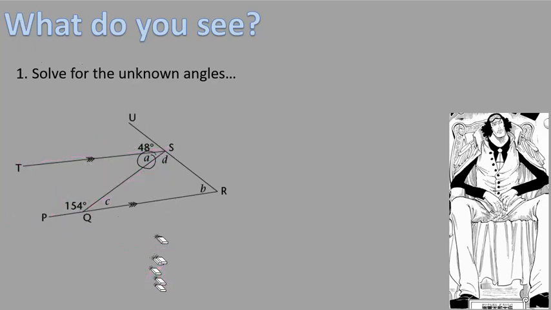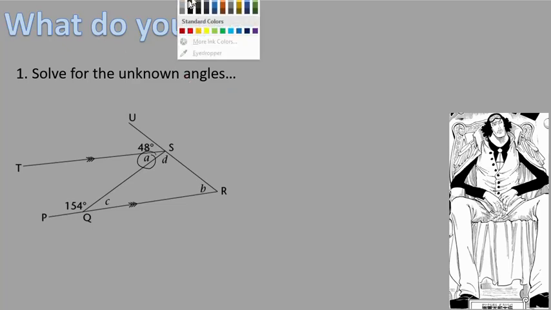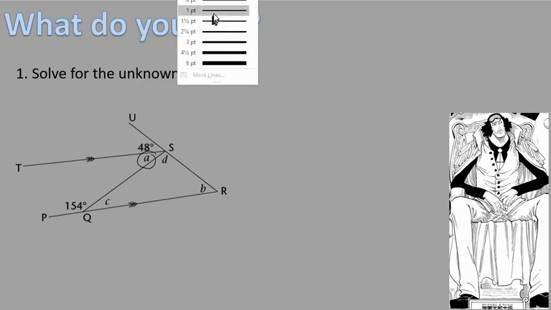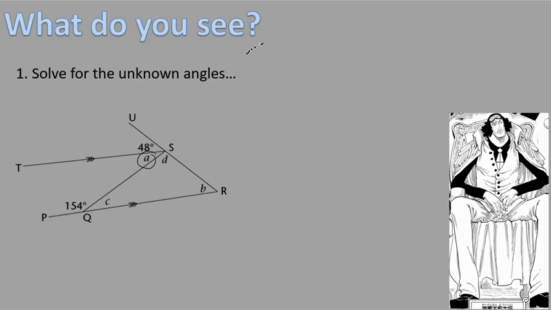Let's erase them. Co-interior angles, we know that they add up to 180 degrees. Easy as that. So I'm going to say angle A plus the 154 degrees is equals to how much? 180 degrees.